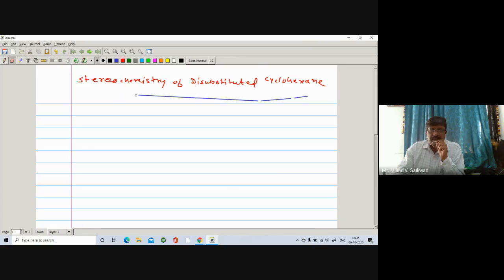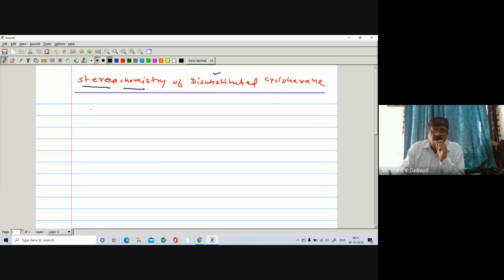Stereochemistry is a branch of chemistry which deals with the study of organic compounds by considering their three-dimensional model, right? So here we'll see about disubstituted cyclohexane. You know stereochemistry, right? In stereochemistry, the chemistry of organic compounds by considering their three-dimensional model is called stereochemistry. And we have to learn about the disubstituted cyclohexane, right?